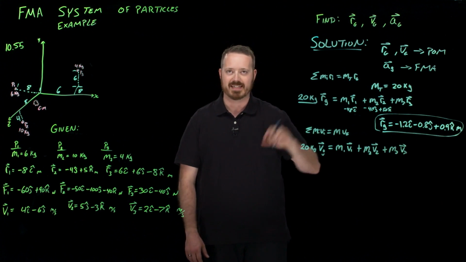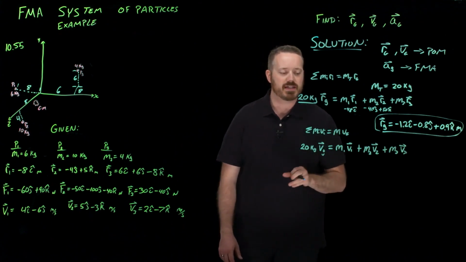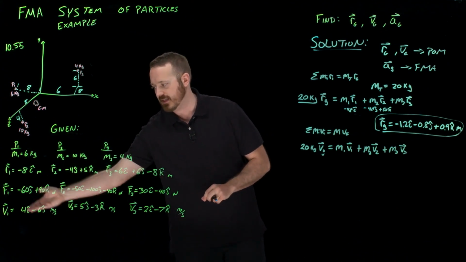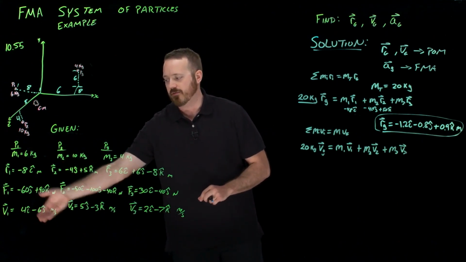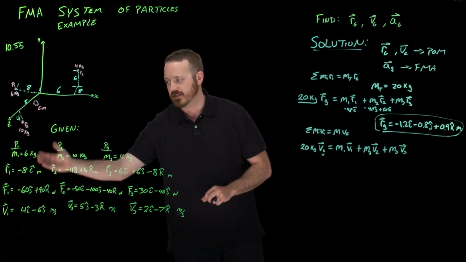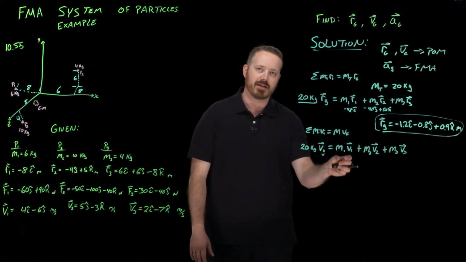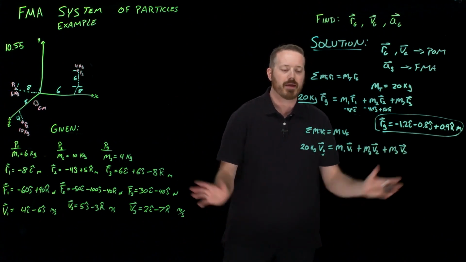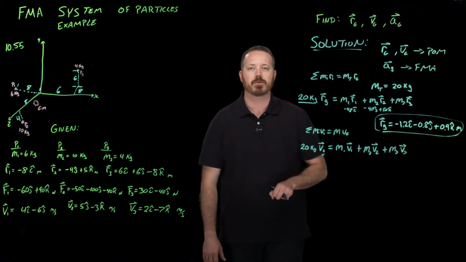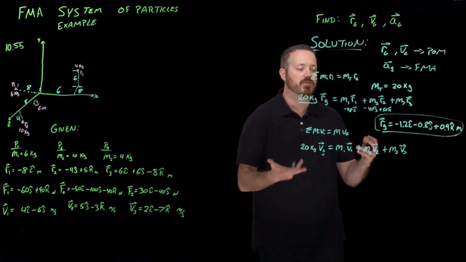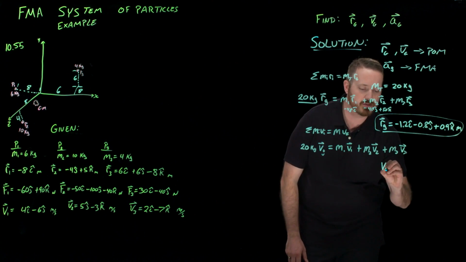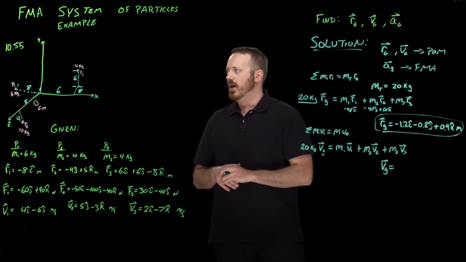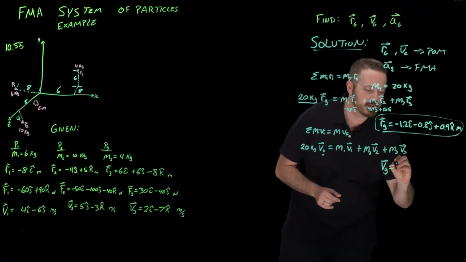This process is exactly the same as here, so I won't go into all the details, but again, mass of 1 times velocity of 1, so we take 6 kilograms times 4, we get 24i, 6 times 6 is 36, so that's -36j, and we get an i and a j component from 1, ijk for 2, ijk for 3. Add up all the pieces and divide out your total mass, and you come up with the velocity of the center of mass.